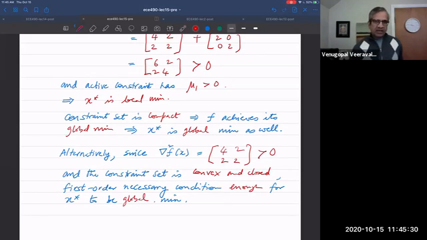In this case, F is strictly convex, so it's actually a unique global min, but we knew that from our calculations. Okay. Any questions about this example? Pretty complicated, huh? Much more complicated than the equality constraint version.